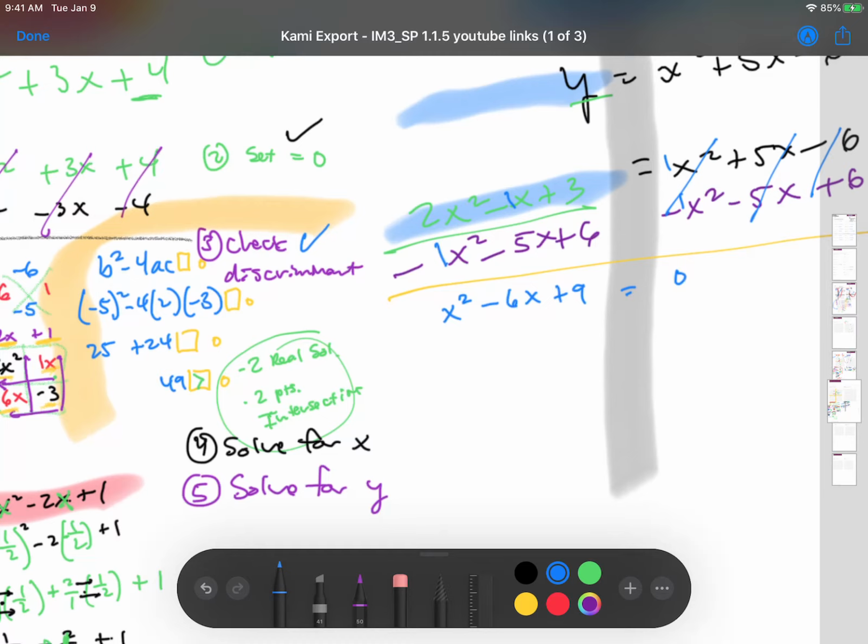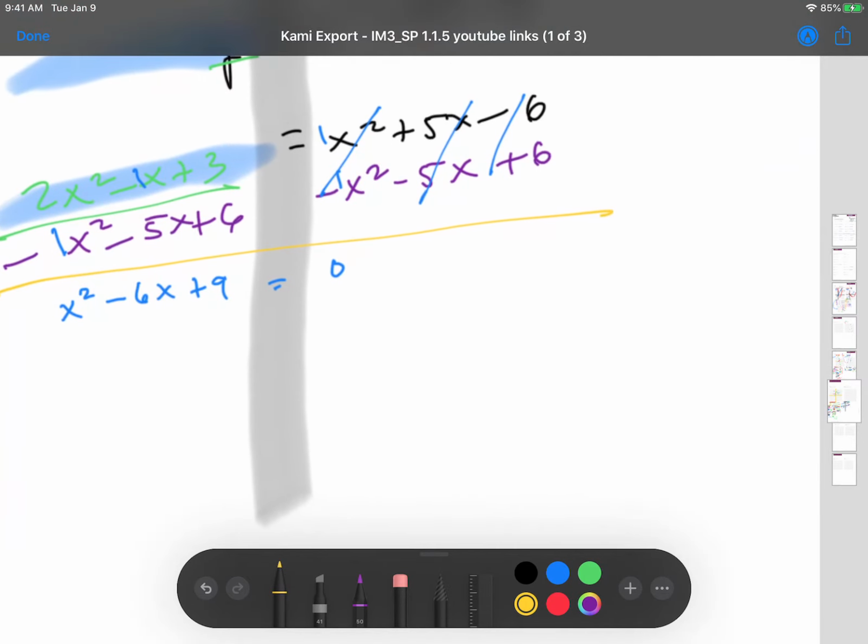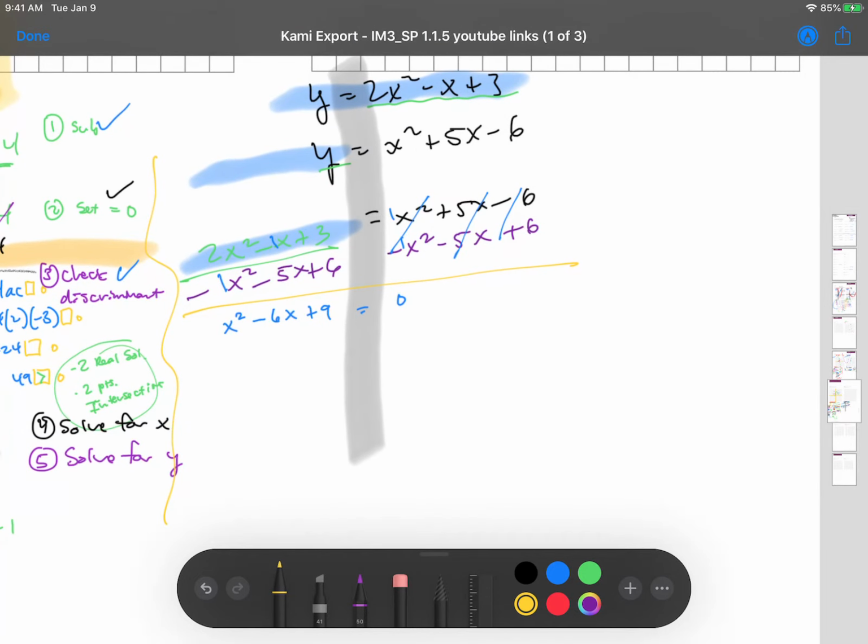Let's check our discriminant. Let's go over here, we have some space. Our discriminant is the formula b squared minus 4ac, and we want to know an inequality compared to 0. Looking over there in blue, my b value is negative 6.